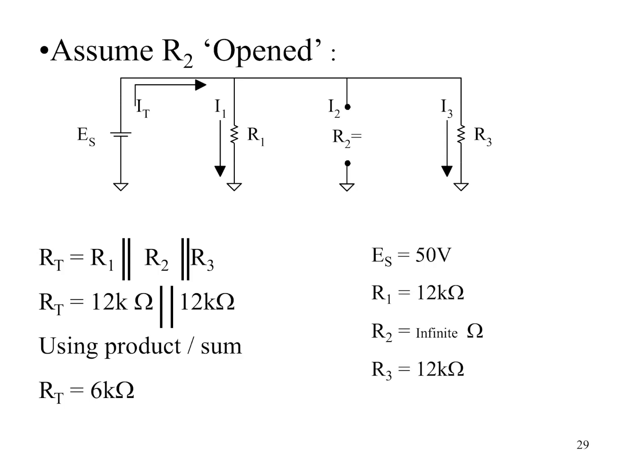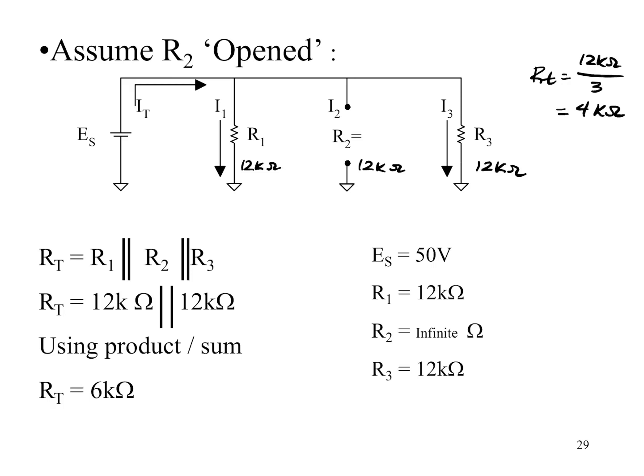So if we started out where we had 12K, 12K, and 12K, we know that the R total value, when we have three resistors in parallel, is the value of 12K divided by the number of resistors, in this case 3, and we already calculated that earlier as a 4K ohm total resistance.